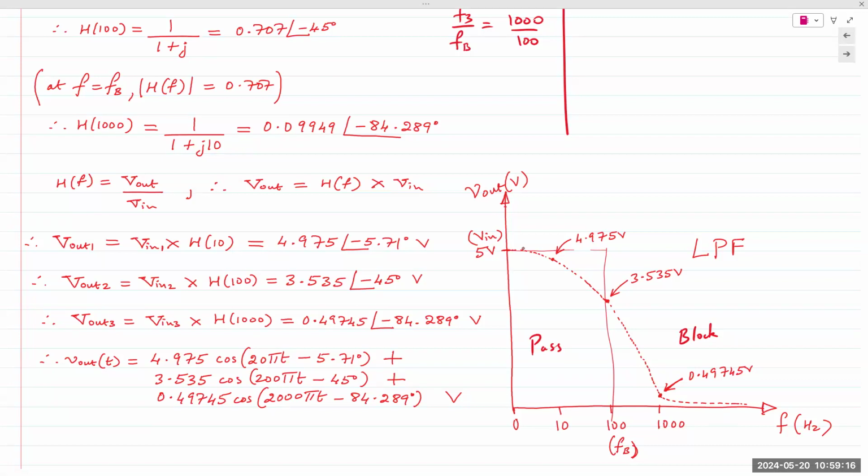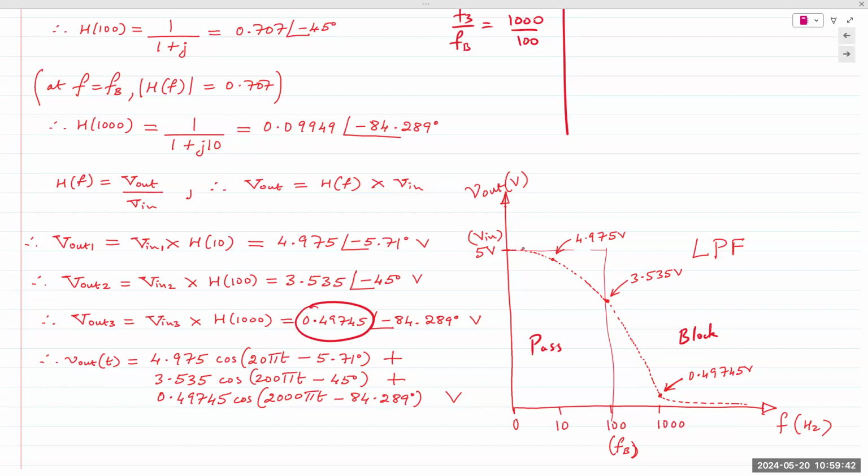But it's not 0. At 100 hertz, if V in is 5 volts, the output is still 70% of 5 volts, meaning you're still obtaining output. Even at the high end, 1000 hertz, you still obtain almost 0.5 volts.